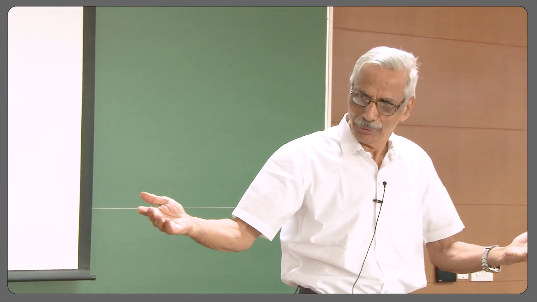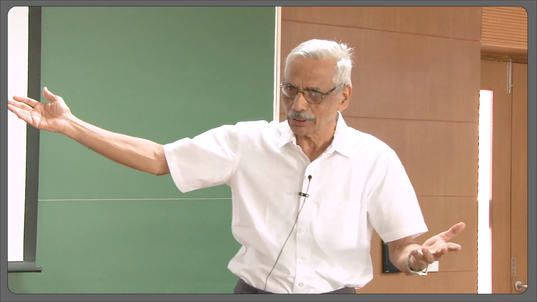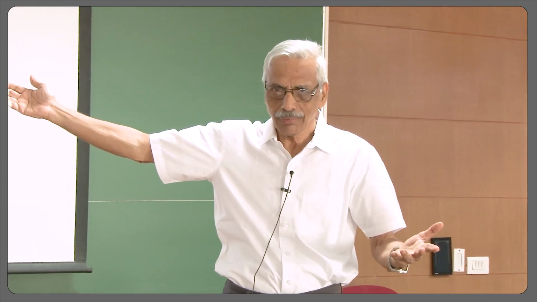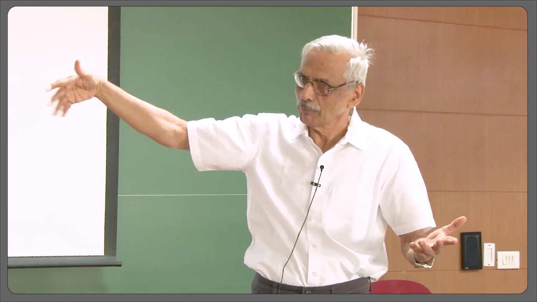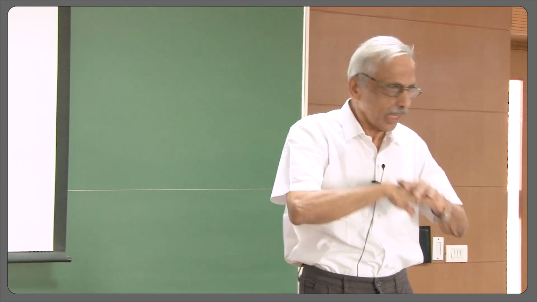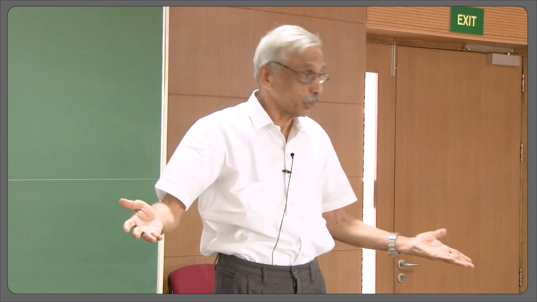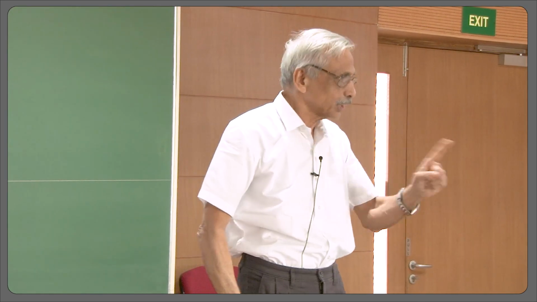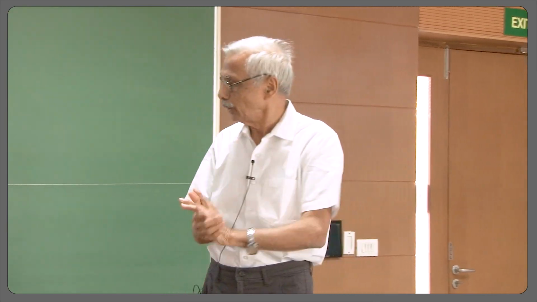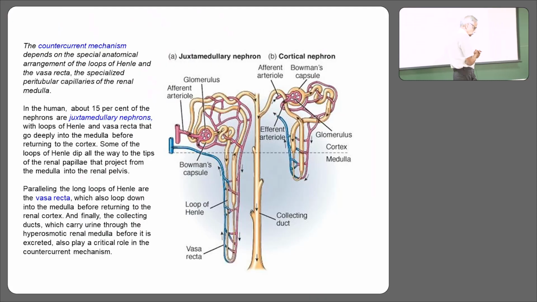Here is one compartment in your body where the osmolarity is about how much? 1200. Why don't the solutes flow somewhere here? Why doesn't the water come from somewhere and establish equilibrium everywhere? Those are the laws of physics and chemistry. It should happen. Why it doesn't happen is a question I want you to think about, and I will give you the answer.